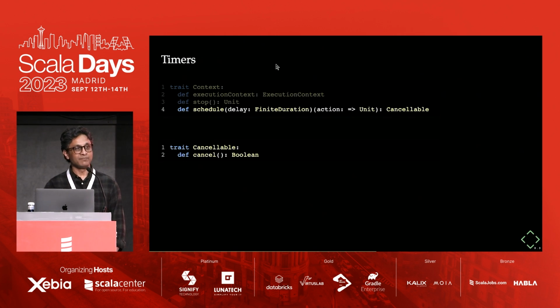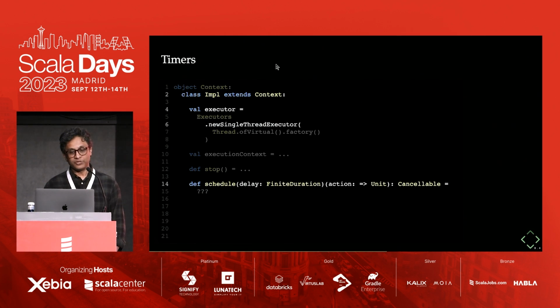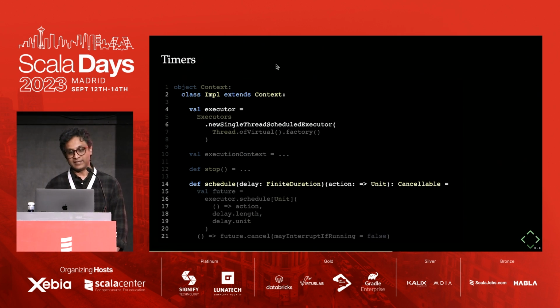You have the same method signature that Akka uses, one of the variations, and what you do is, instead of a new single thread executor, you use a new single thread scheduled executor, which allows you to schedule, right? But you still have a single thread executor, and if you do that, you get executor.schedule, where you can schedule your tasks, and they will run in the same control thread as the rest of the actor.